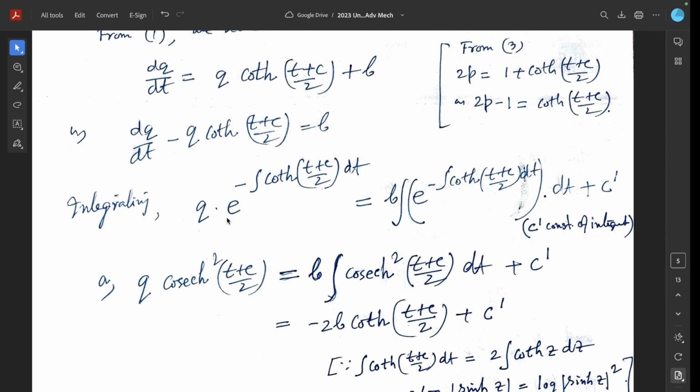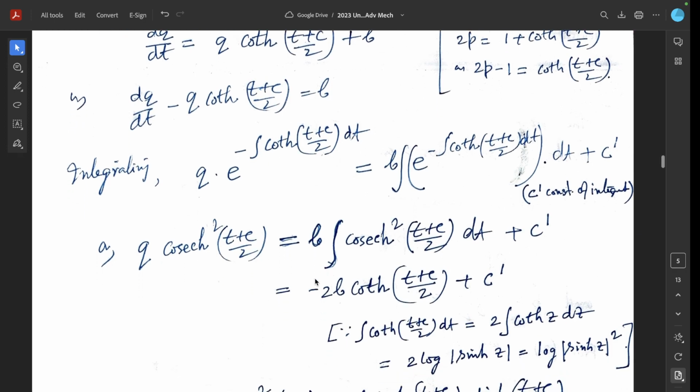So q into e to the power this, so this is the cosech square of (t plus c)/2. This is because the integration of coth((t plus c)/2) equals 2 times the integration of coth z dz, if we put (t plus c)/2 equal to z, and so changing the variable, this is 2 log modulus of sinh z, which is equal to log of sinh z square.